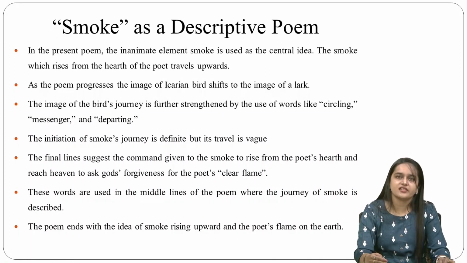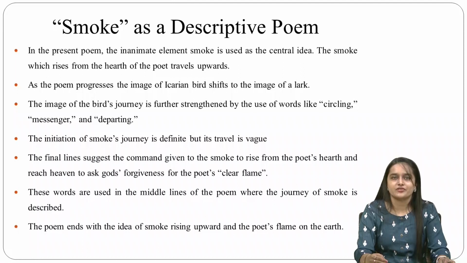The initiation of smoke's journey is definite, but its travel is vague, and hence, in order to suggest this vagueness, the poet makes use of words like dream, shadowy, and vision, in order to bring the combination of light and darkness, which is so characteristically related to the greyness of smoke.